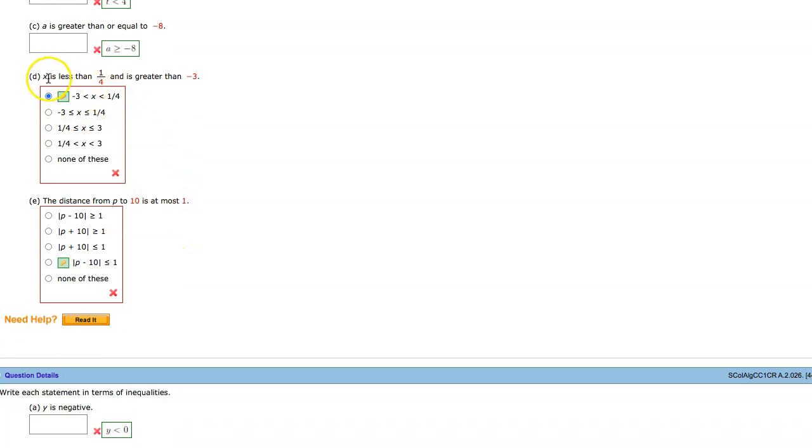So what they're saying here is x is less than 1/4, and x is greater than -3. So you want to turn this second one into -3 is less than x.